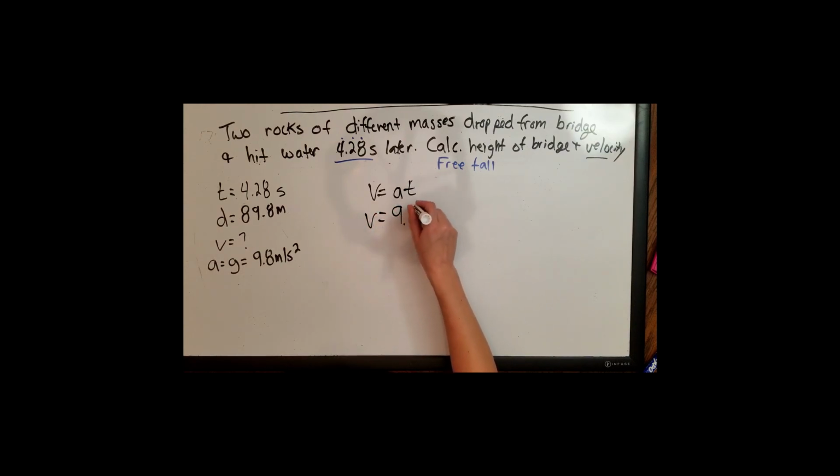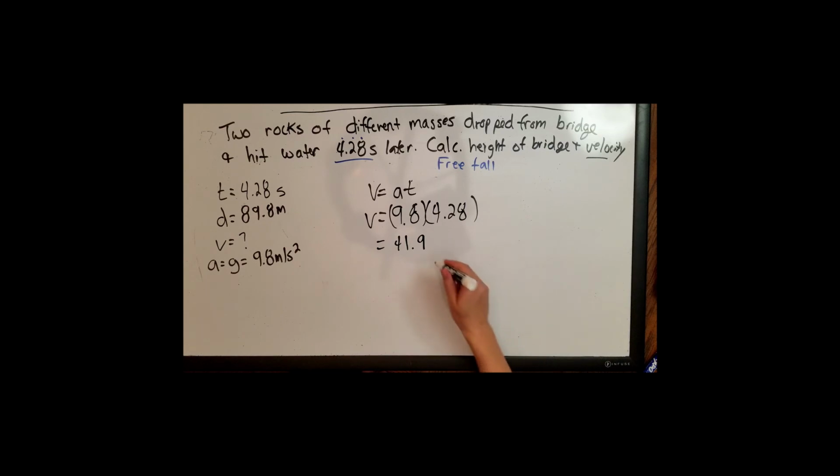It's 9.8 is our acceleration. Our time is 4.28 seconds. So calculating that out to 3 significant figures, we get 41.9. Units on velocity are not miles per hour, but meters per second. Rocks were going 41.9 meters per second.